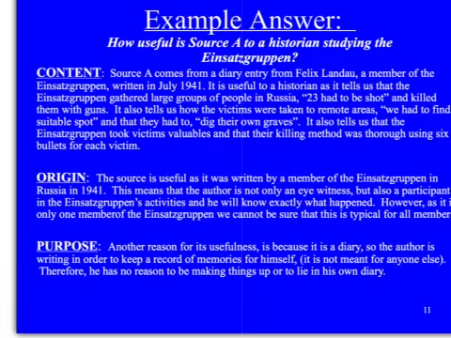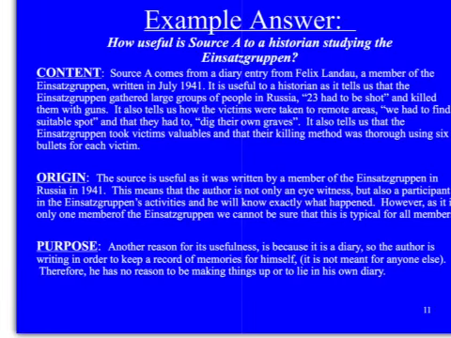Look at the example answer. It starts by saying where the source came from. Source A comes from a diary entry from Felix Landau, a member of the Einsatzgruppen, written in July 1941. This leads on to the important information and content and why this is useful.